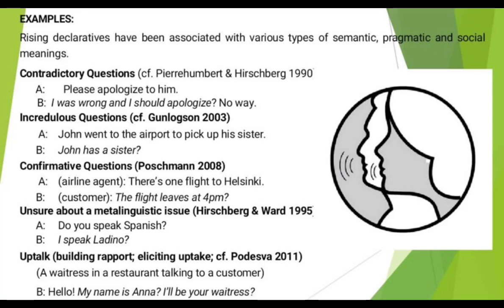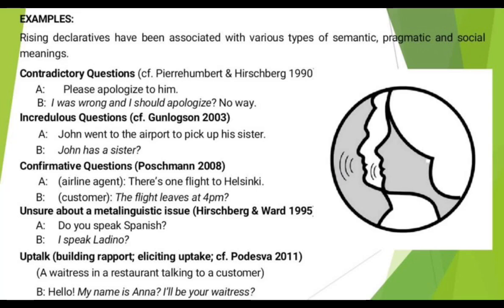It also suggests that they can be used to mark speaker uncertainty about the relevance or adequacy of her adherence to the discourse at hand, sometimes referred to as metalinguistic uncertainty, from Hirschberg and Ward 1995.